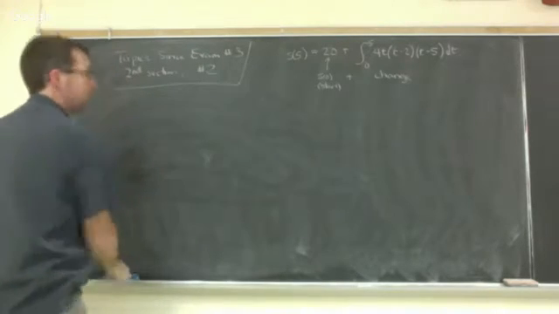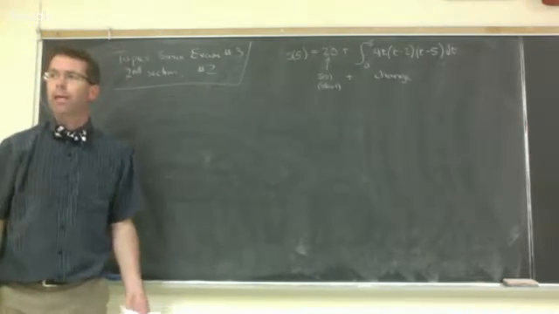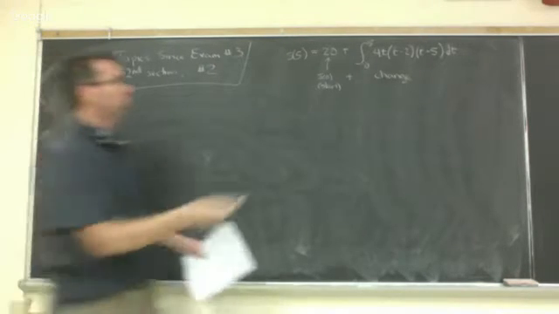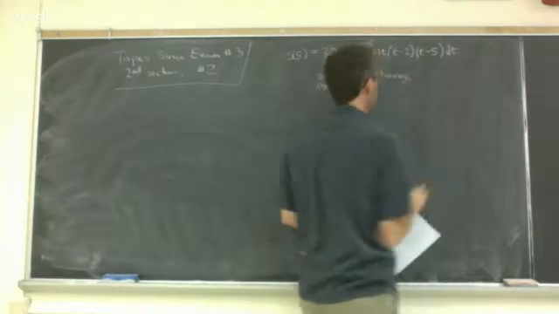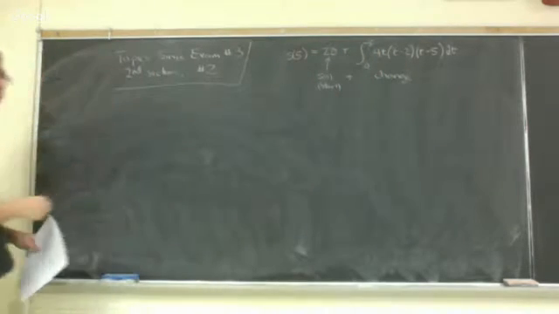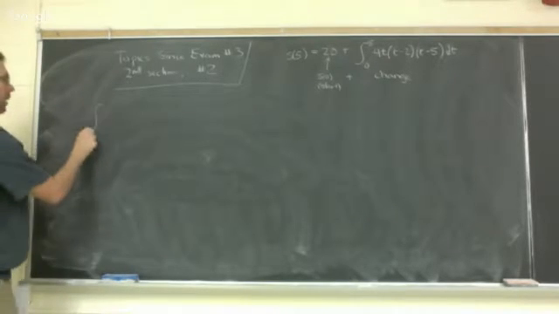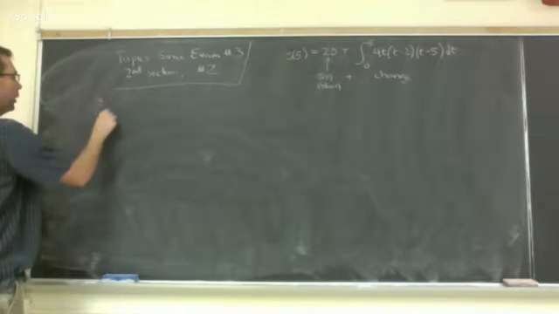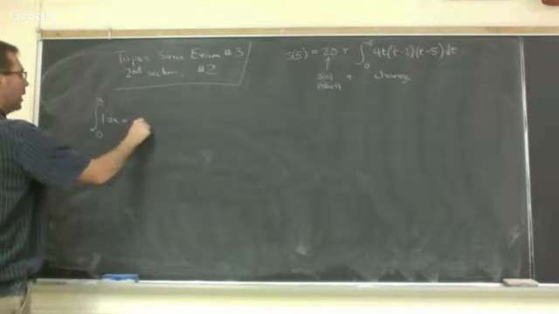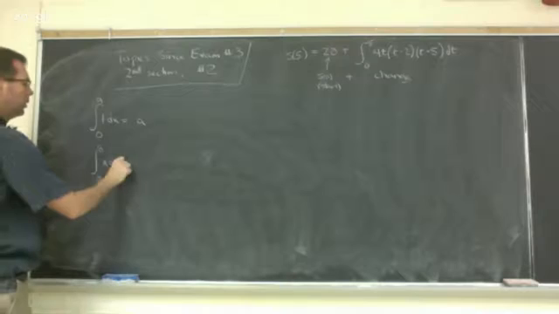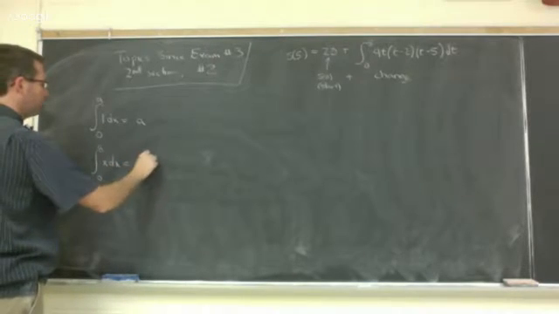Well, since the last test, we've learned some rules about how to find that integral. We have some basic formulas that will be provided on a formula sheet as part of the test. The integral from 0 to a of 1 is a. The integral from 0 to a of x dx is 1/2 a squared.